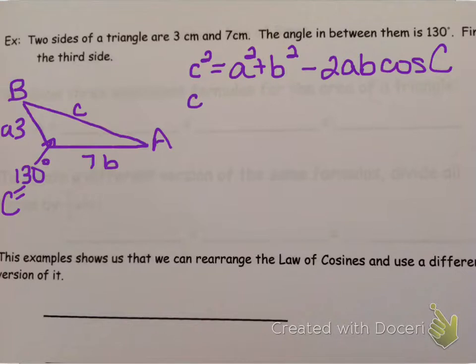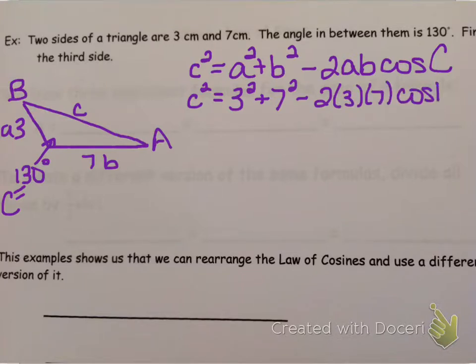So c squared equals a is 3, b is 7, minus 2 times 3 times 7 times cosine of 130 degrees. And it's going to require a calculator. The nice thing about our calculators is that you can literally type this entire thing in exactly as you see it written here. It'll take care of the PEMDAS exactly the way that it is.